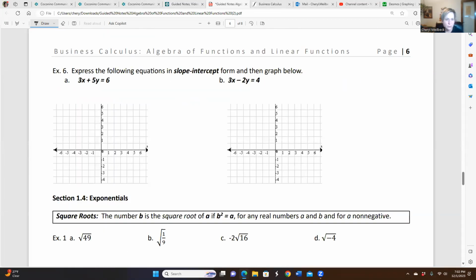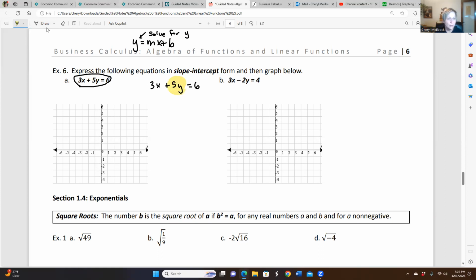In problem number 6, it wants us to express the following equations in slope-intercept form, and then graph below. To express it in slope-intercept form, y equals mx plus b, we need to solve for y. Remembering our algebra steps, if I take 3x plus 5y equals 6, the way to solve for y is first to isolate my y term.